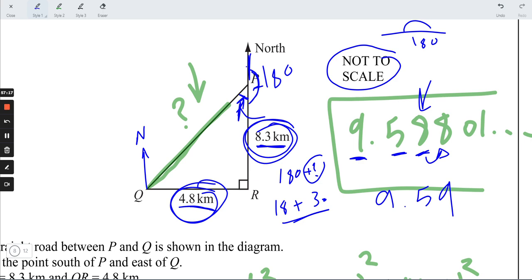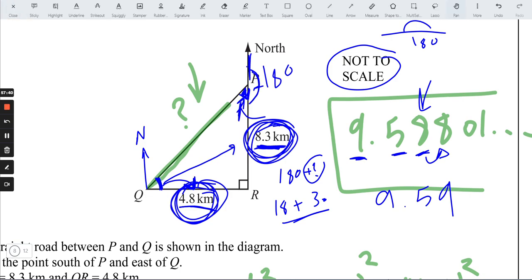Yes, if you are from this side, let's say here 8.3 will be opposite and here will be adjacent, but we are working with this angle here, so this will be adjacent and this will be opposite. Tan theta will be equal to 4.8 divided by 8.3.